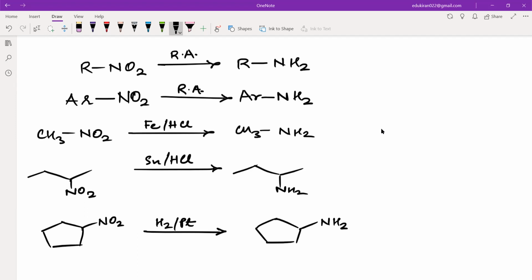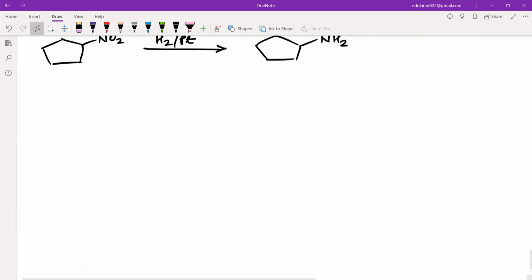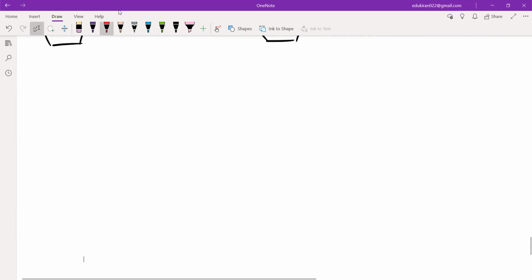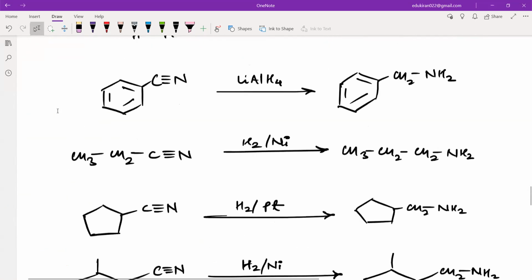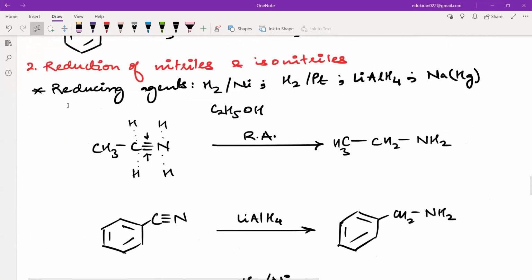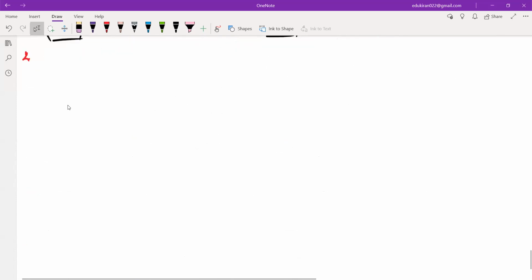Next is reduction of amides. What number is this? This was second, third, and this will be fourth. So just write one note.